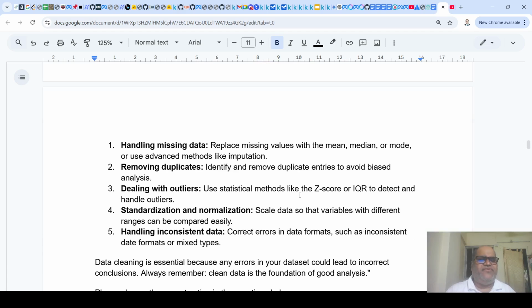So one of the things could be that you are having missing data, because of a variety of data capture process related issues, or in many cases null availability of data, or that particular data point is not applicable, because of a variety of reasons.